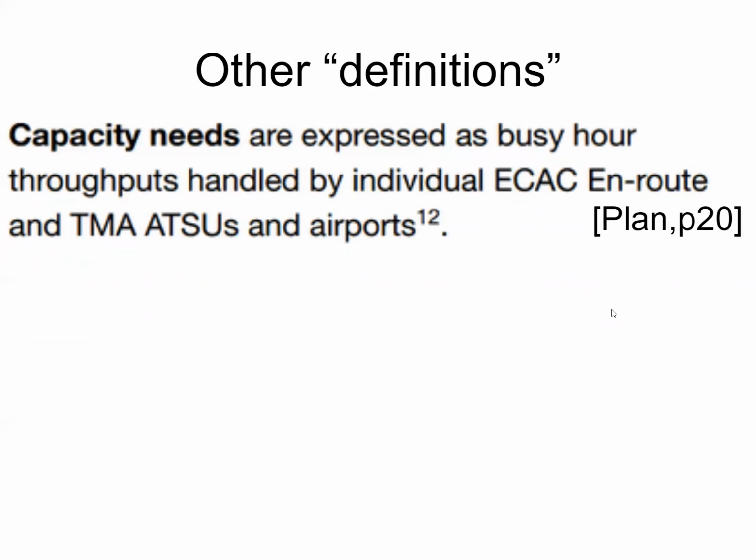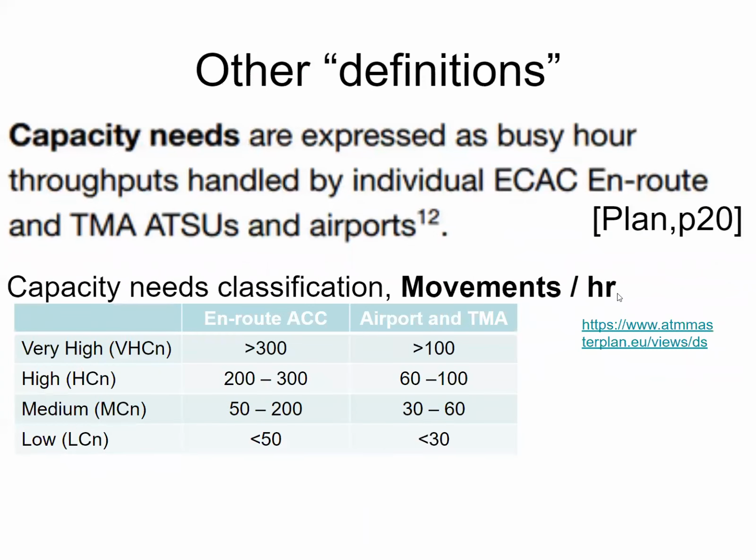Well, in another place, they speak about the capacity needs and have this table, which basically says that the capacity needs can be low or very high. And in the airport or TMA areas, even a smaller number of movements per hour defines higher capacity needs than en route. So en route is kind of easier to handle.